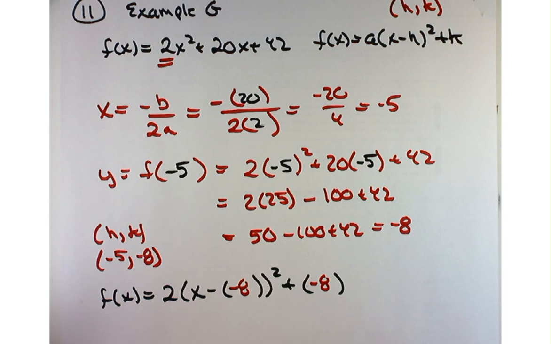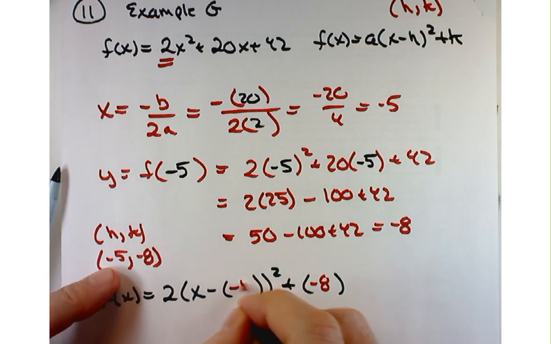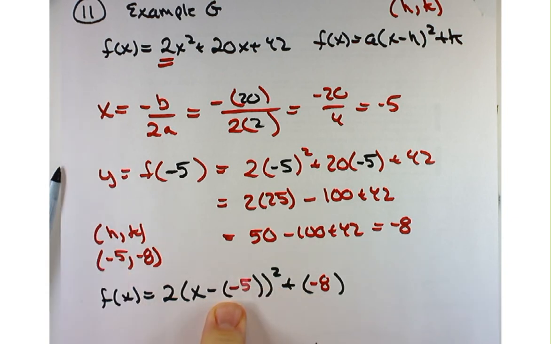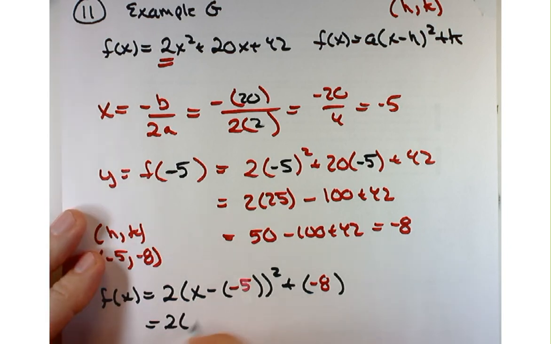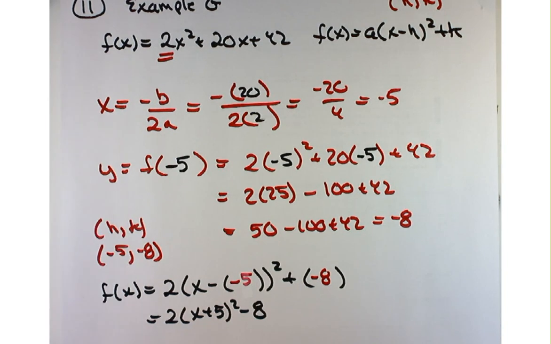Does anyone know why I put the double parentheses here? Because you're subtracting a negative. And what simplification can I get there when I subtract a negative? Addition. So this is 2 times x plus 5 squared minus 8. There you go. So perhaps a lot easier than completing the square for this one.